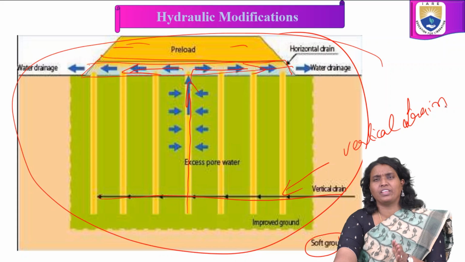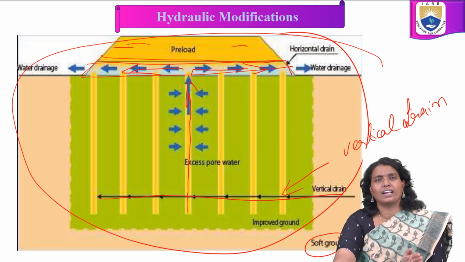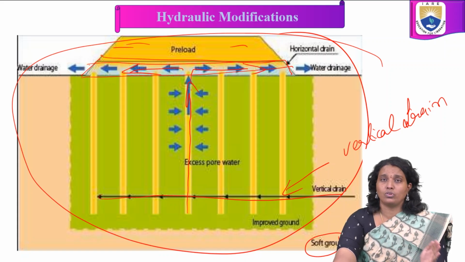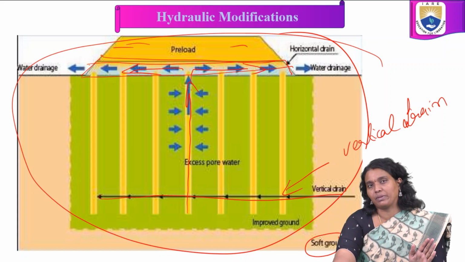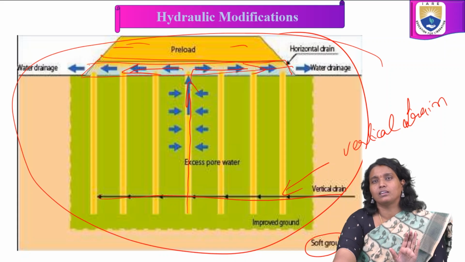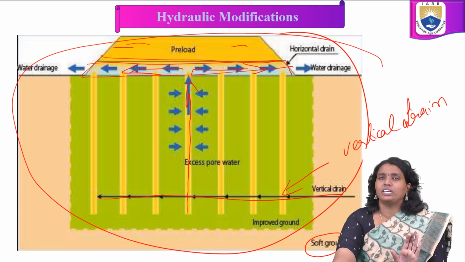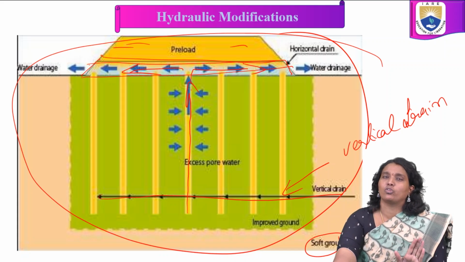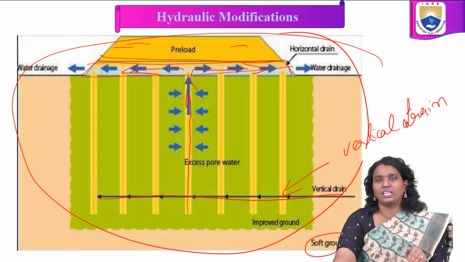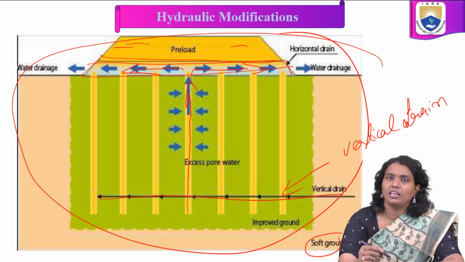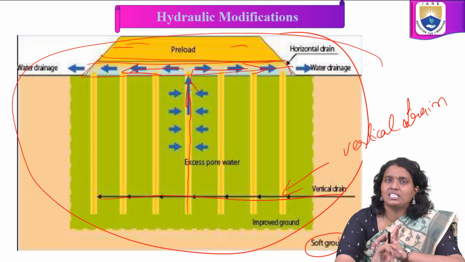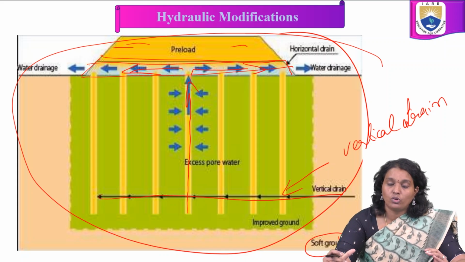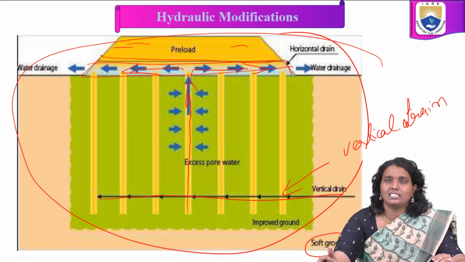Whenever the excess water is there, we are going to reduce the moisture content to improve the soft ground to hard ground, not completely, but to the required effective weight of the soil. For achieving the effective weight of the soil, we are going to do this process. It depends on how much the preload is and how much excess pore water we are going to reduce using this drainage system.